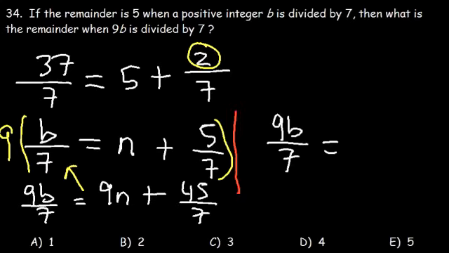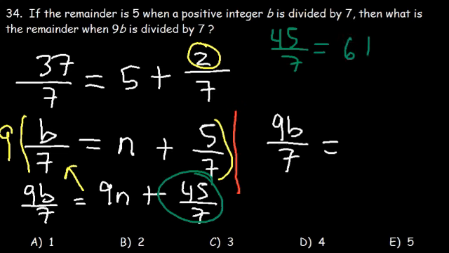Let's focus on this part, 45 over 7. We can reduce that. 7 can go into 45 6 times, and since 7 times 6 is 42, 45 minus 42 is 3, so 3 is the remainder.